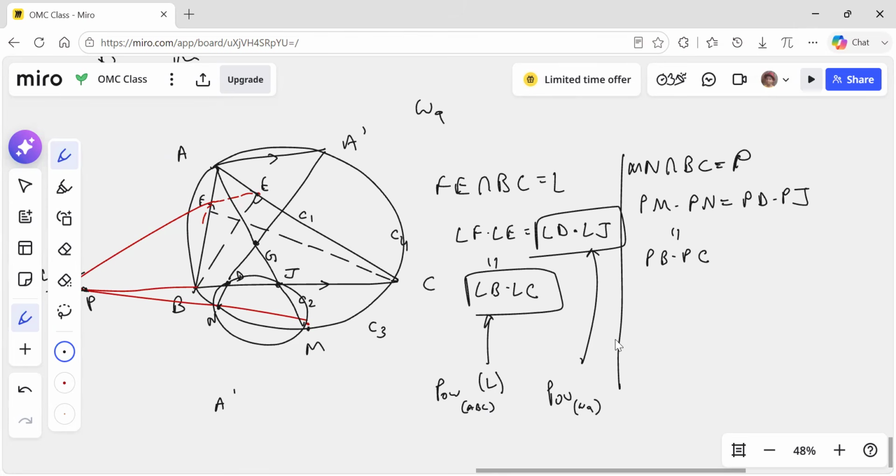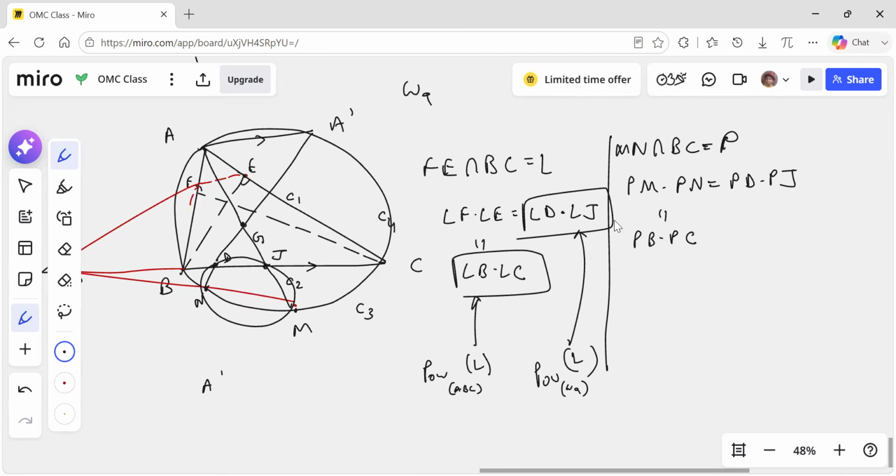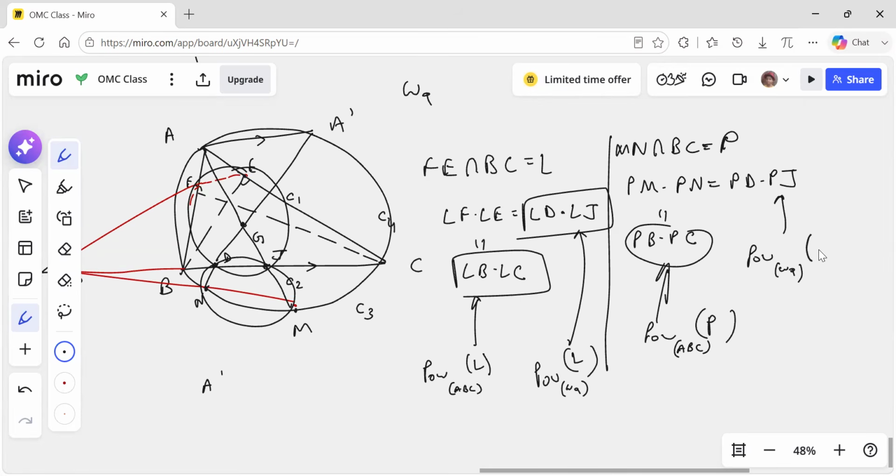This is not standard, I just made it up. Can you see why this is true? Because the 9-point circle is this. And also here, this is the power of P with respect to circumcircle ABC, and this is the power of P with respect to the 9-point circle.